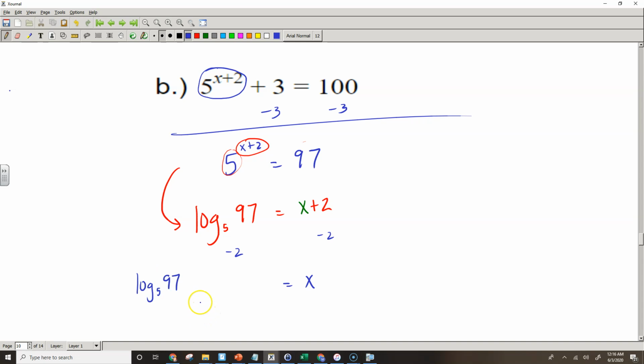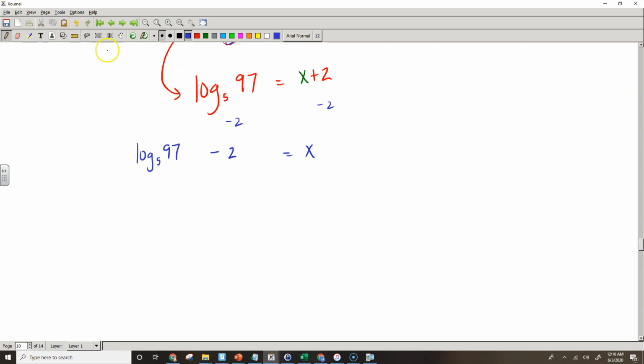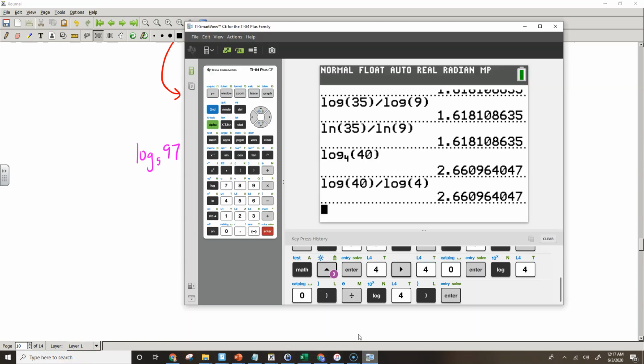I'm going to keep that like that for now. Now the thing I have to approximate is the log base 5 of 97. So this is where we're going to ask the calculator to figure that out for us and approximate a value. So what is the log base 5 of 97?